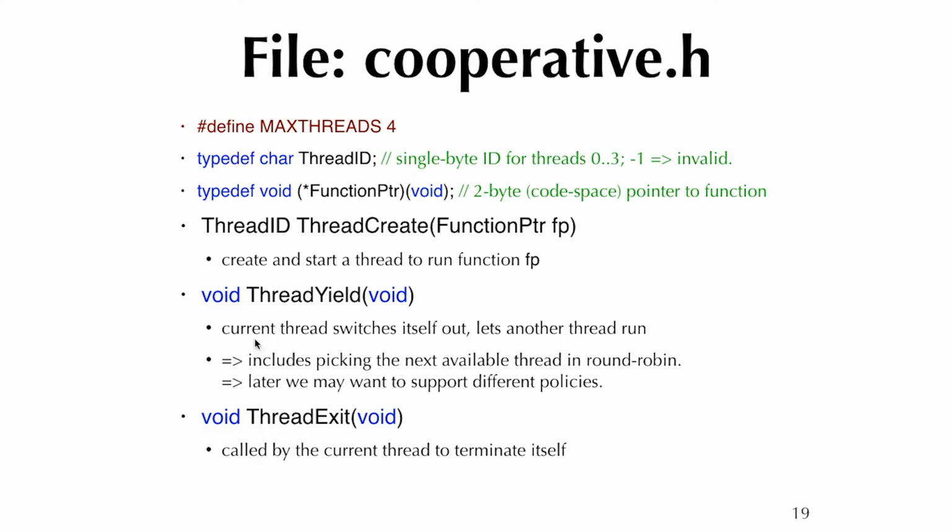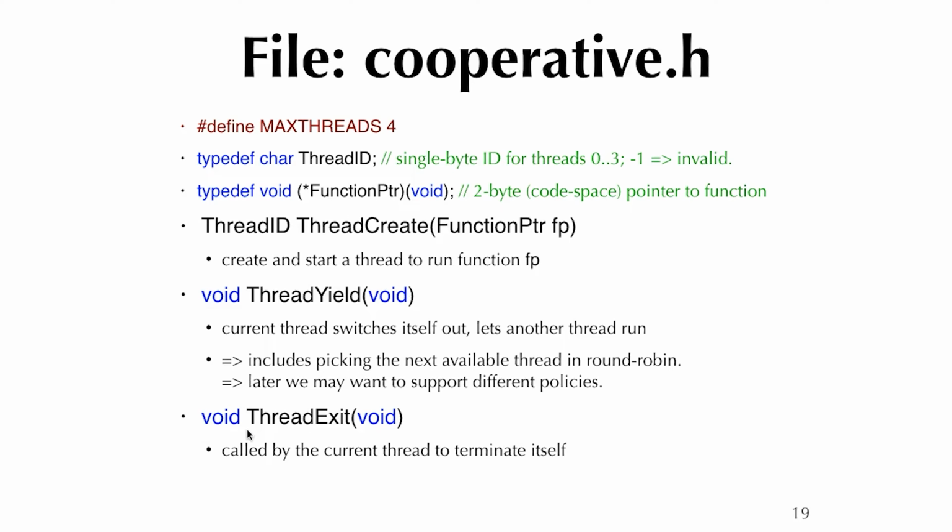So this basically says let somebody else run. I'm voluntarily giving up control, and then of course the trust is that at some point later the thread manager allows it to run again, right? So when it runs, it continues running the statement after the yield, okay?